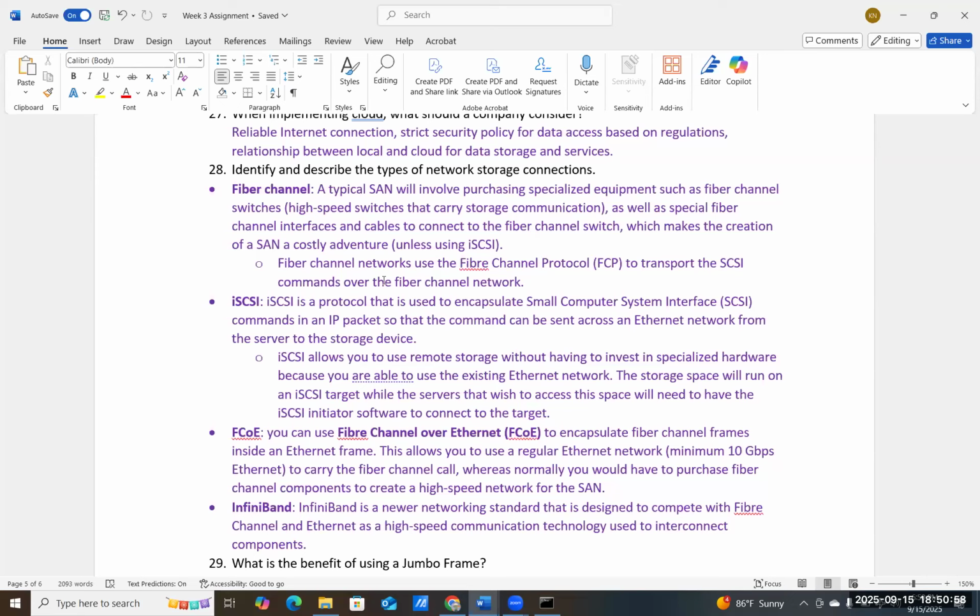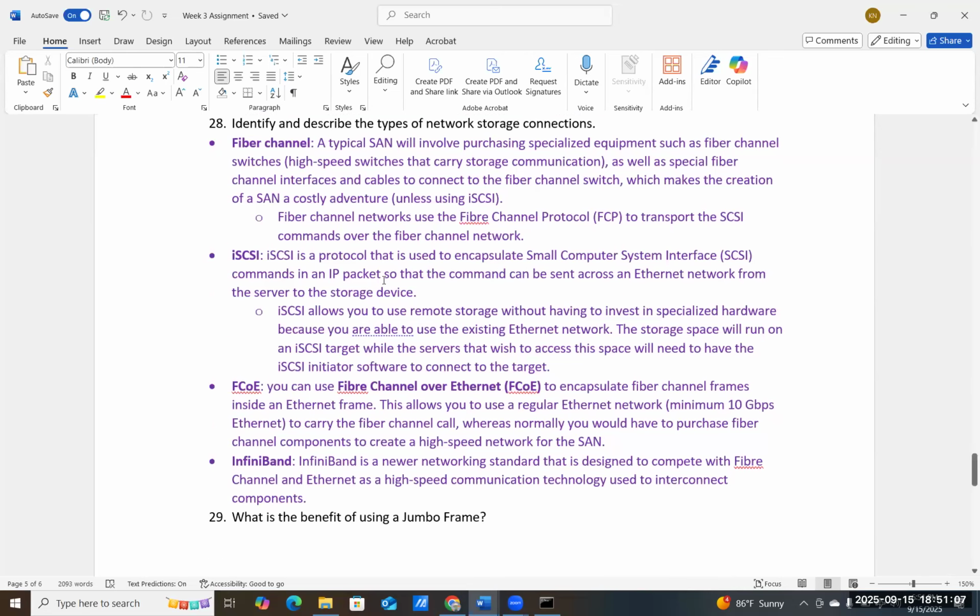And then there's Fibre Channel over Ethernet, FCoE. This is also a form of Fibre Channel that uses Ethernet frames, so you're able to adapt Fibre Channel to an Ethernet network, right? And it's still going to give you high-speed network storage.